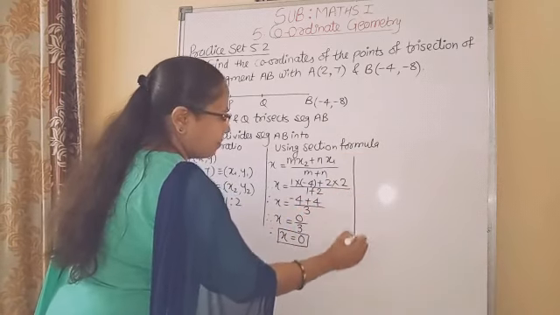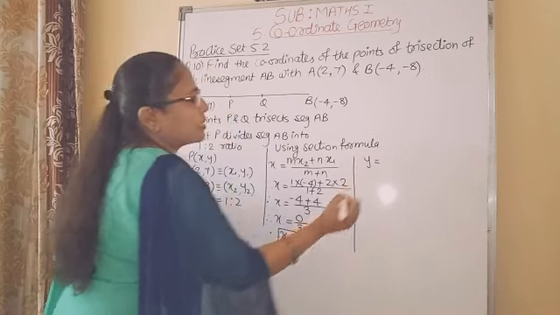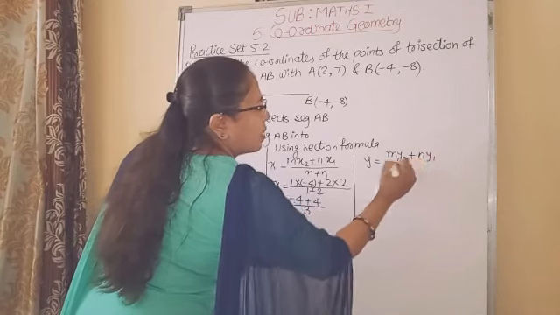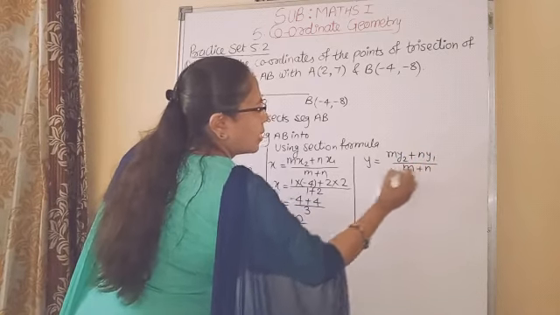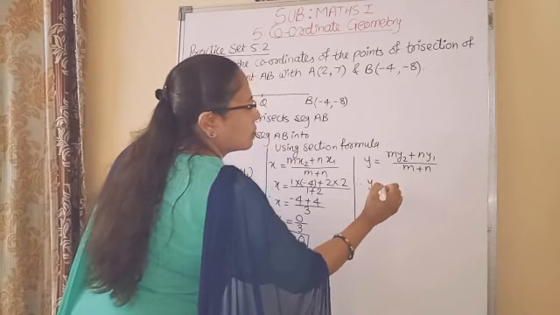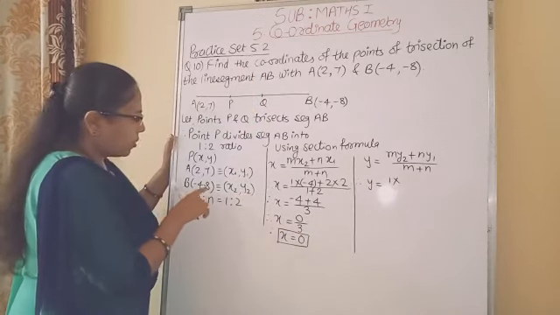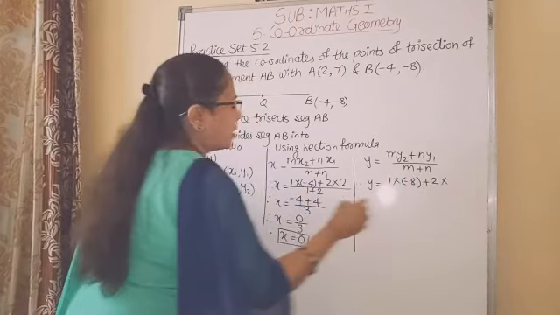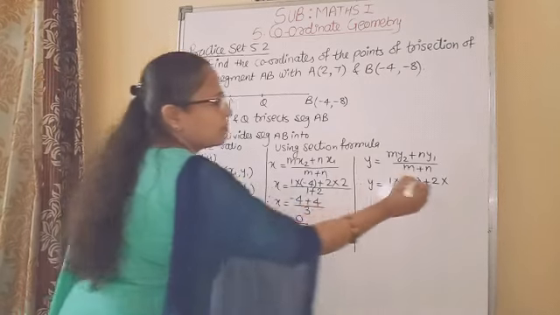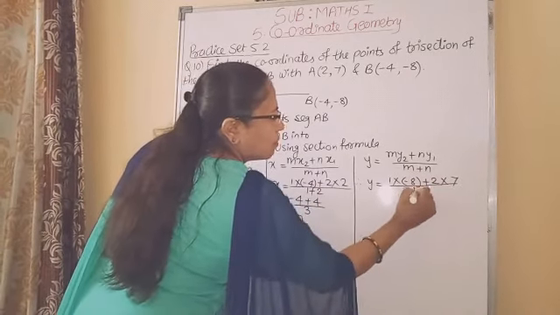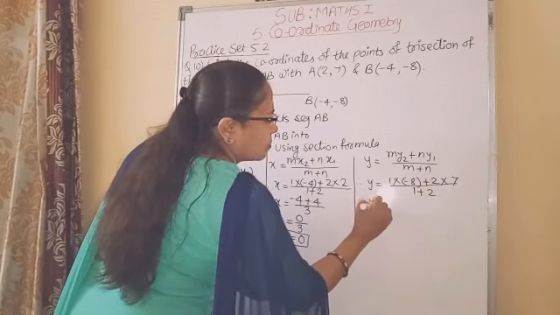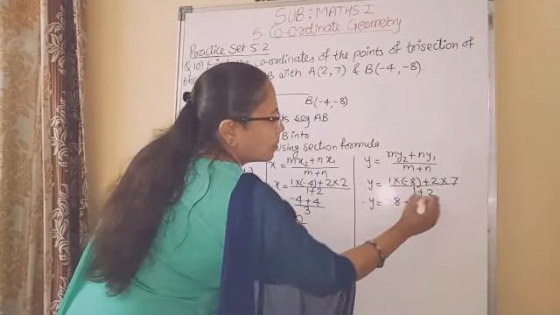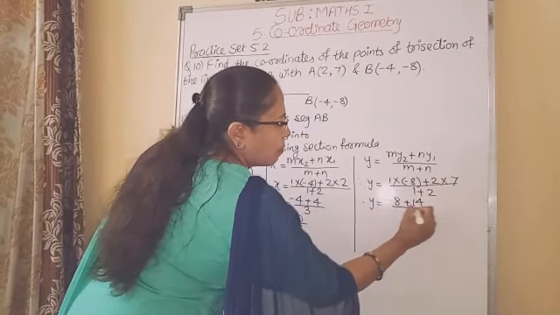Same way we will find the y coordinate. So y is equal to (my2 plus ny1) upon (m plus n). 1 into y2 equal to -8 plus 2 into y1 equal to 7, upon 1 plus 2. 1 into -8, -8, plus 2 sevens are 14, upon 3.